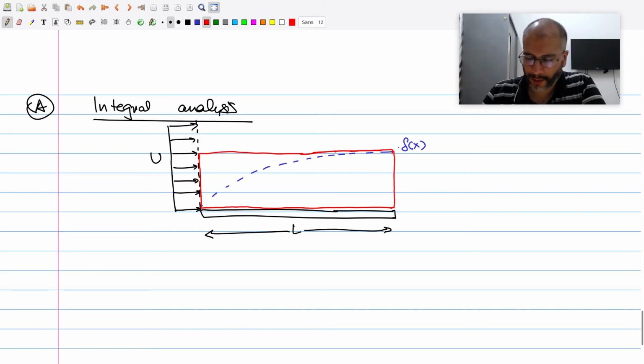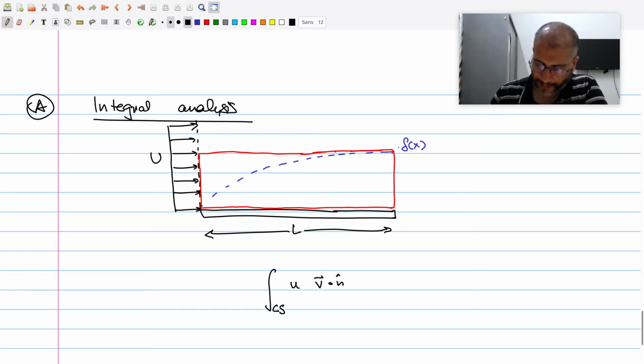But remember, the reason we are choosing a control volume is because we'll want to apply the Reynolds transport theorem. And in the transport theorem, we'll get these integral terms over the control surface. And then since we're talking about the forces, our beta will be equal to u, and we'll have a term v dot n.